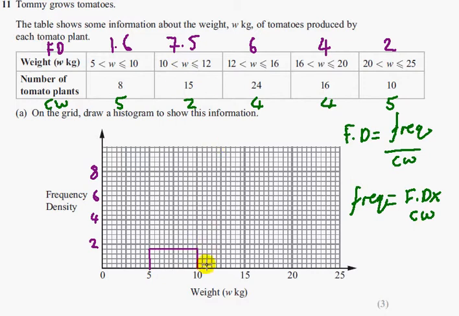From 10 to 12, now that's 11, 12 is here. You need to go up to 7.5. So 7 is halfway, 7.5 is there. Oops, too thick.